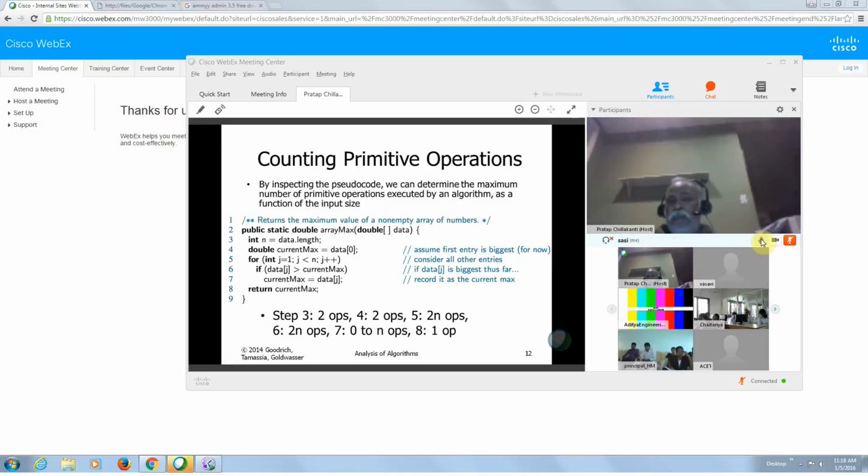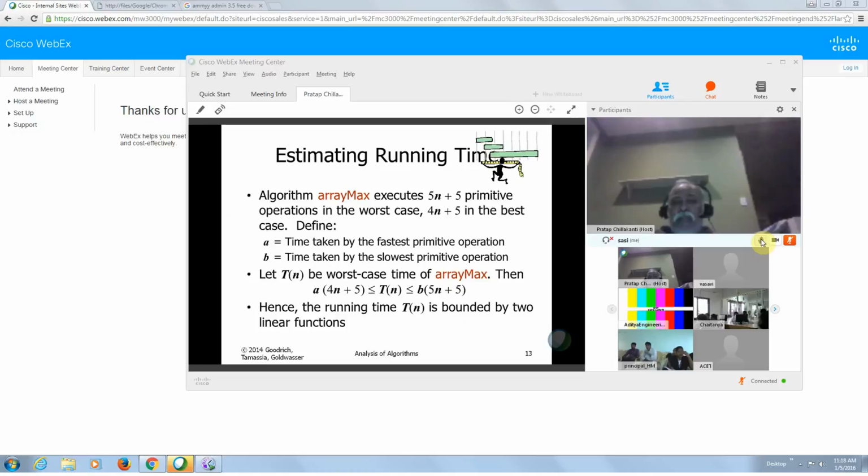So you don't need to go all the way to the end. But the worst case is you have to execute it all the way, right? And if you do that analysis, you will see that it has to execute 5n plus 5 in the worst case, and best case is 4n plus 5.